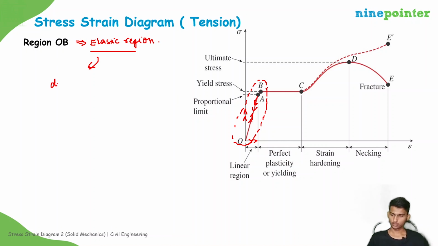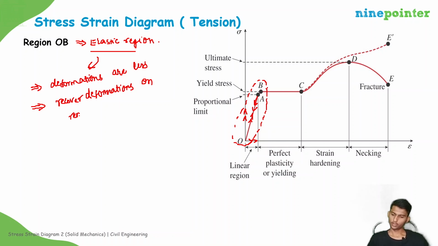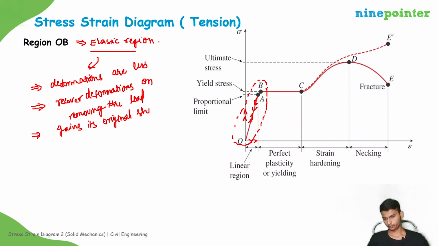One more thing is that deformations are generally less. Why, that we will know later. Deformations are less, and deformations are recovered on removing the load, i.e. the material gains its original shape and size.